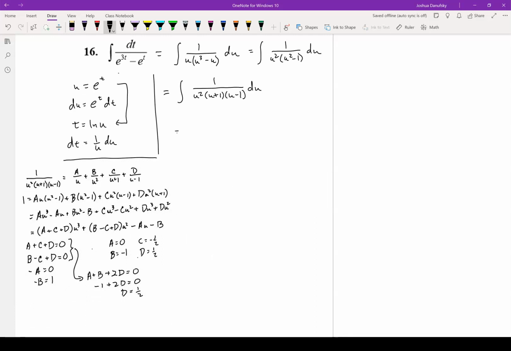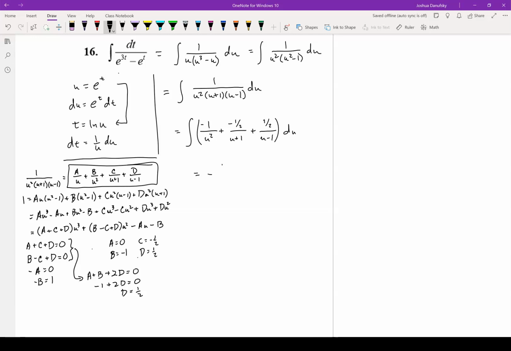So now we rewrite our integral, plugging in A, B, C, and D. We have 0 over u, so there's nothing to write there. And then we have negative 1 over u squared plus C, negative 1/2 over u plus 1, plus D, 1/2 over u minus 1.